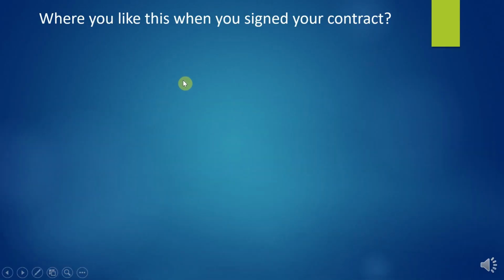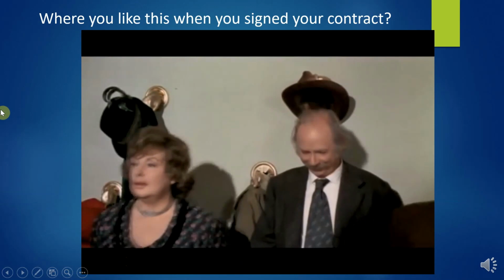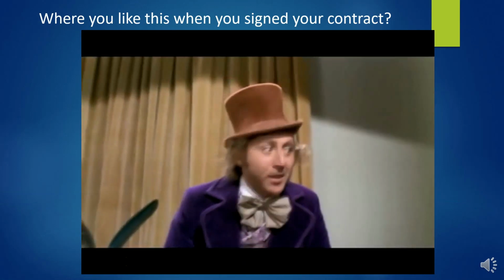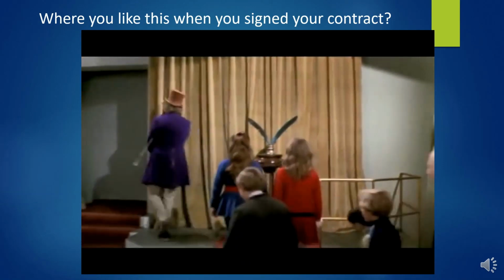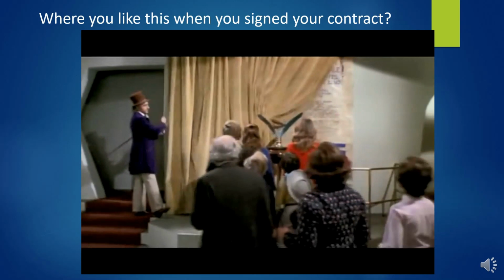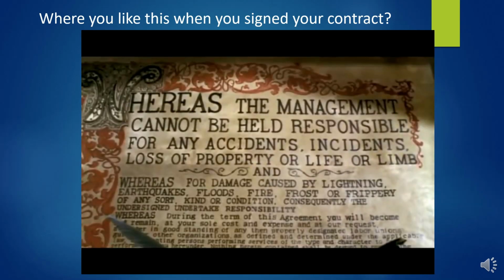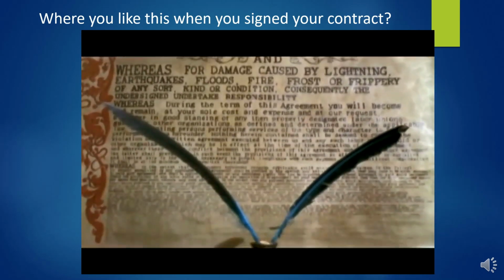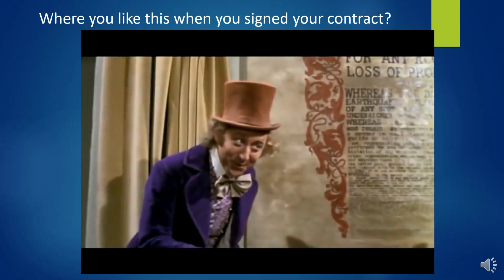Just wondering, were you like this when you signed your first contract? Don't be alarmed. And as soon as your outer vestments are in hand, we'll begin. Now, will the children kindly step up here? Floods, fire, frost, frippery. Accidents? What kind of accidents? I didn't know we had to sign anything for this tour. I can't see what it says in the bottom. Violet, you first.